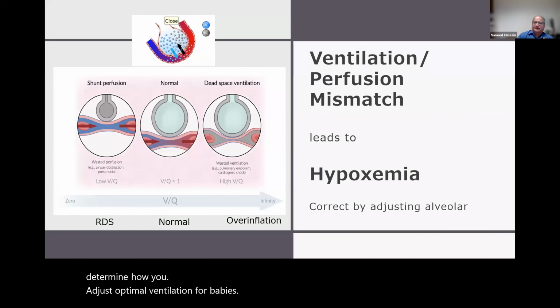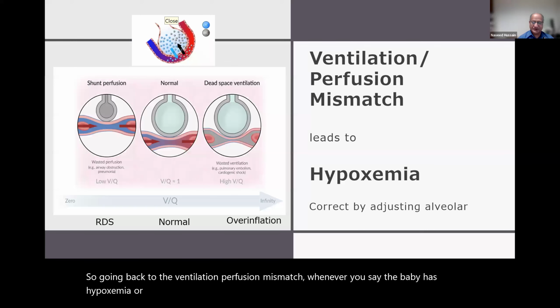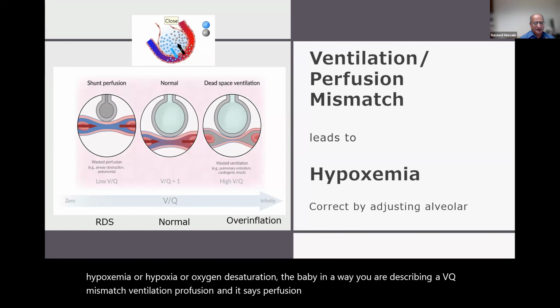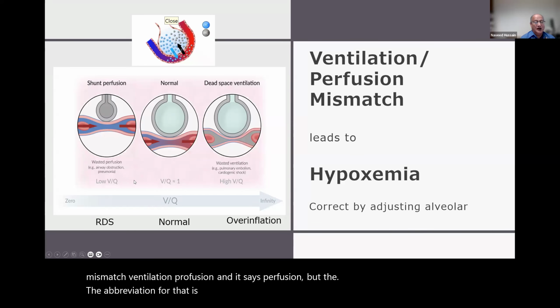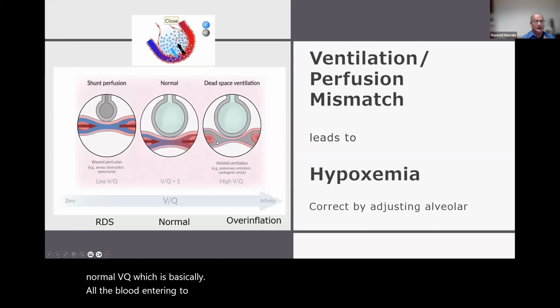So going back to the ventilation perfusion mismatch, whenever you say the baby has hypoxemia or oxygen desaturation, in a way you are describing a VQ mismatch, ventilation perfusion. It says perfusion, but the abbreviation for that is Q. So a low VQ or a high VQ can cause hypoxemia, whereas a normal VQ is basically all the blood entering the alveoli getting oxygenated and going out.